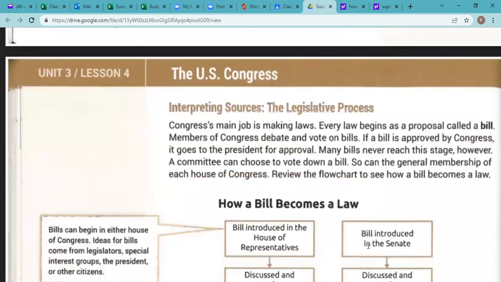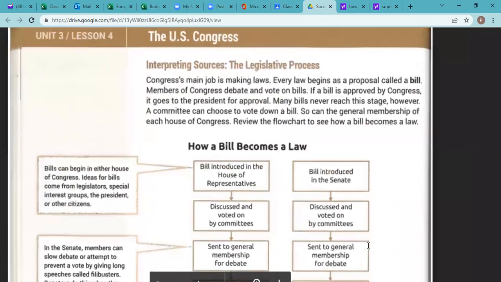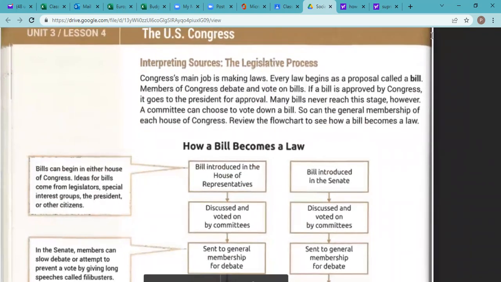All right. Next page, it says here that for the U.S. Congress, the main job is to make laws. Every law begins as a proposal called a bill, and members of Congress debate and vote on these bills. As I was talking about a minute ago, if a bill is approved by Congress, it goes to the president for approval.